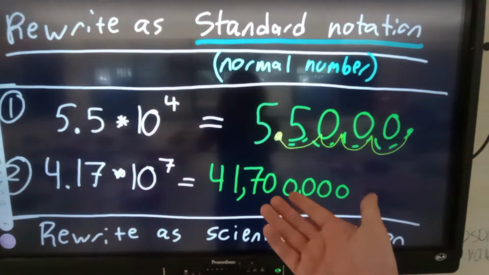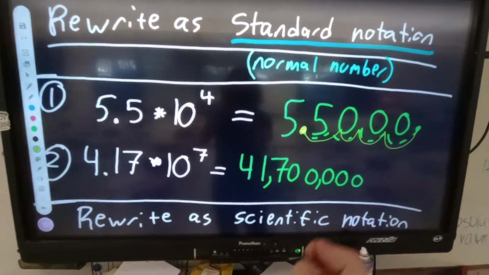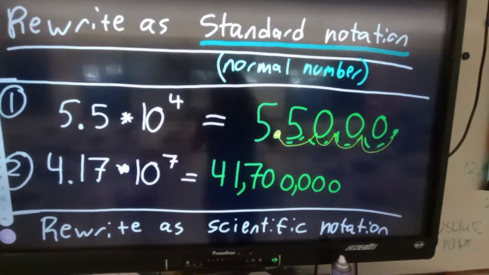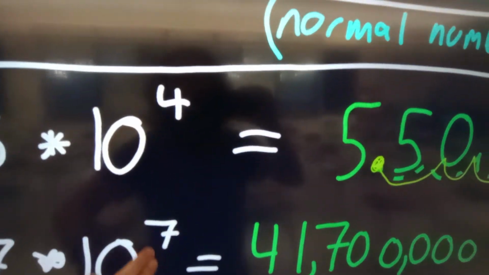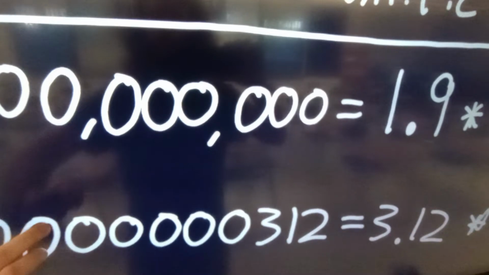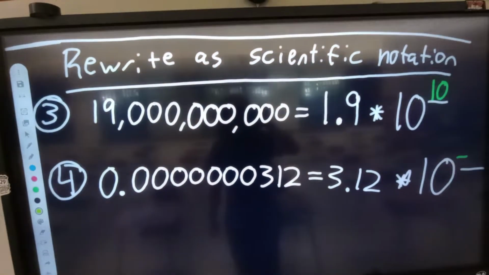And again, this goes back to why does scientific notation exist? It is a lot quicker simply to write out that expression than it is to write out all those extra zeros.